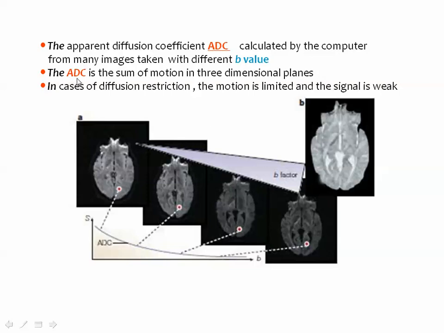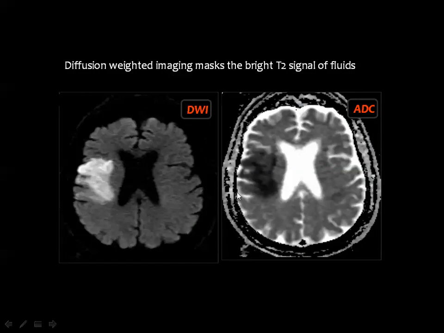apparent diffusion coefficient. In cases of diffusion restriction, there is no motion and there is no signal. Then in the ADC image, you get the site of the lesion. If there is diffusion restriction, the site of the lesion will be black, like this. This is the diffusion weighted image, and the lesion will appear bright because the motion of the protons is restricted, and you get high signal.